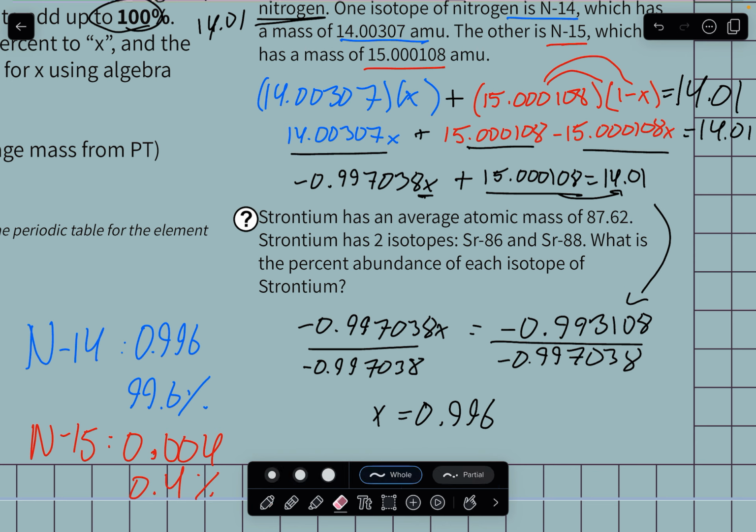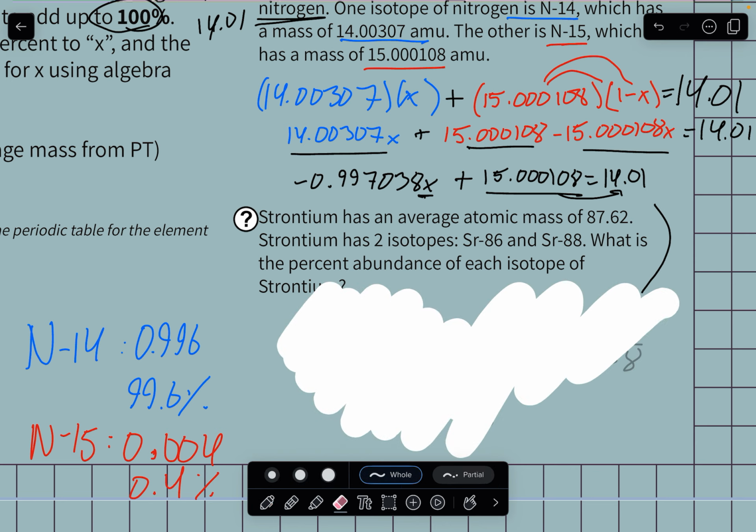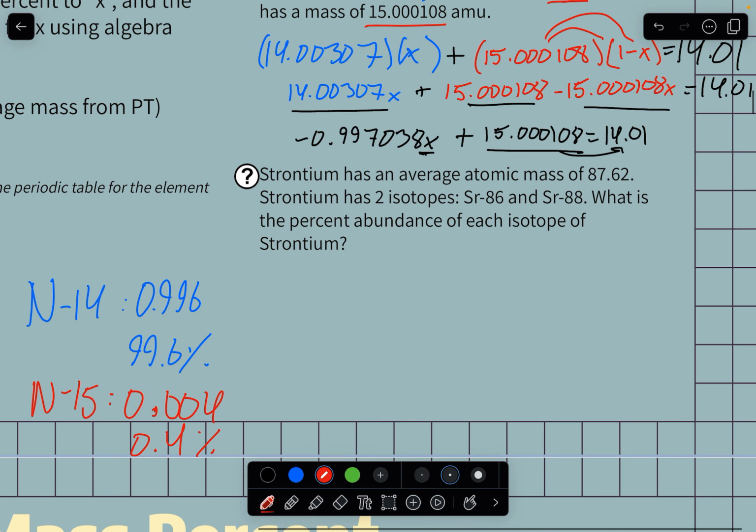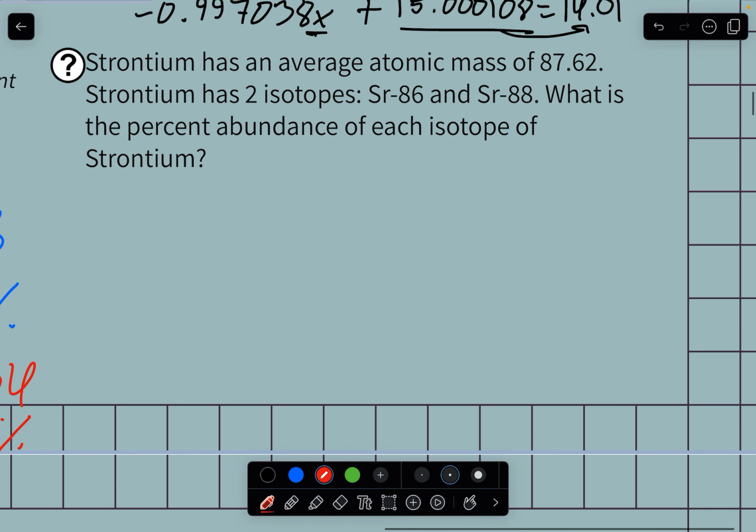Okay, going on to the second question. Let me erase this down here so we have some room. We're looking at strontium. We have, again, two isotopes, strontium-86 and strontium-88. And it gives us our average atomic mass in this question here. So I want you guys to go ahead and do this.